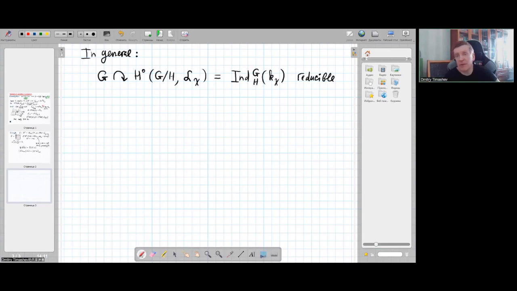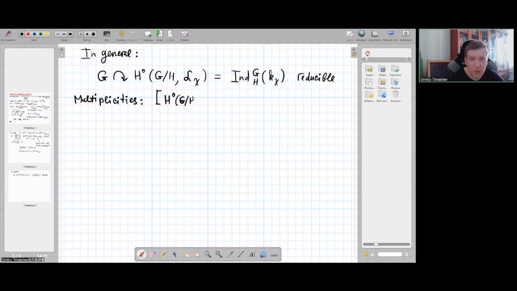But since it is completely reducible, or semi-simple if you like, it decomposes into the sum of irreducible representations. And so it is a reasonable question to ask what are the multiplicities of the irreducible summands. I will denote such a multiplicity in the following way, which is more or less standard in representation theory.